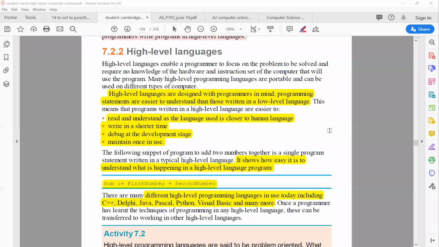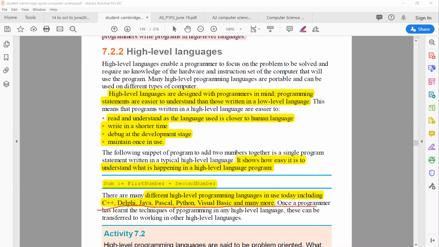The commonly used high level languages these days, you can see the list: C++, Delphi, Java, Pascal, Python, Visual Basic, and there are a lot of other programming languages as well. You can choose whichever you want to learn. You will have to learn its syntax first, and then you will have to understand the basic constructs of that language.